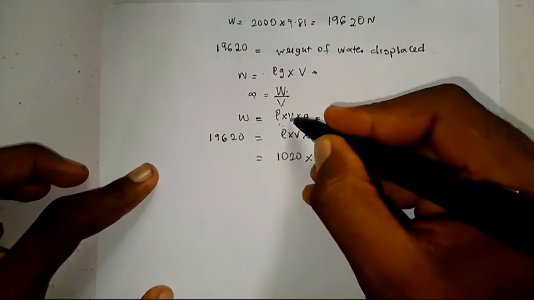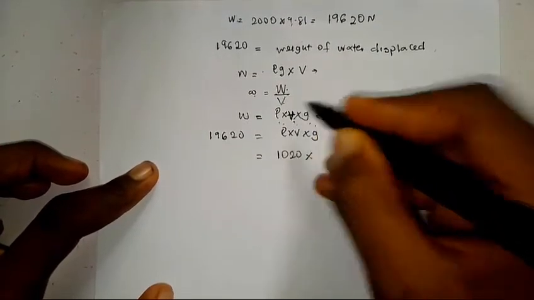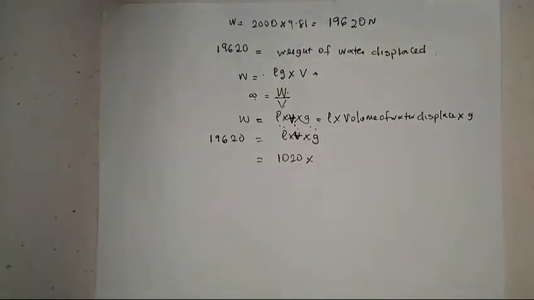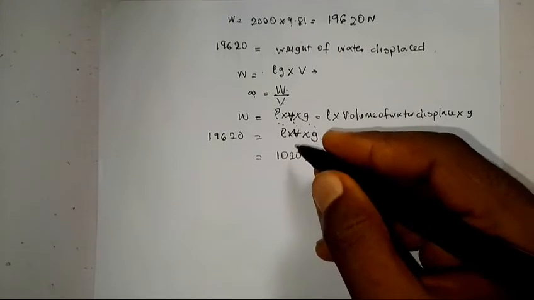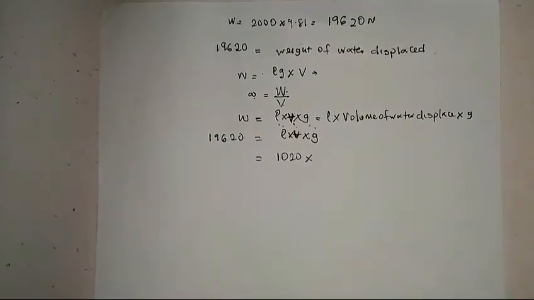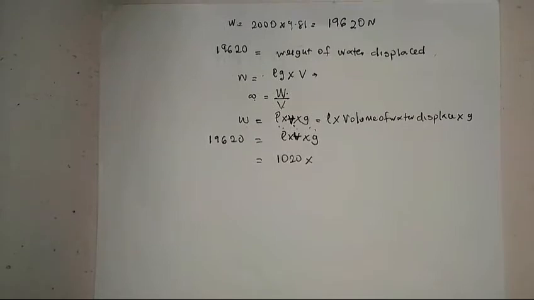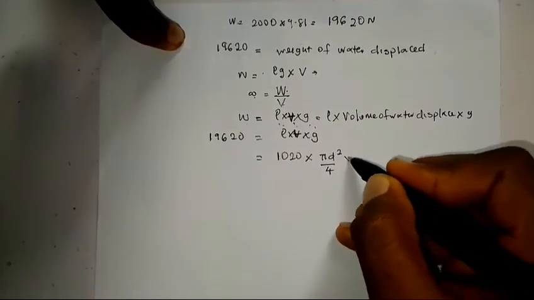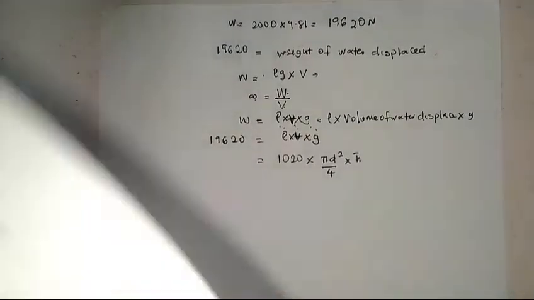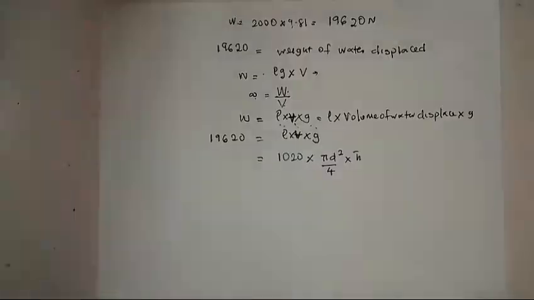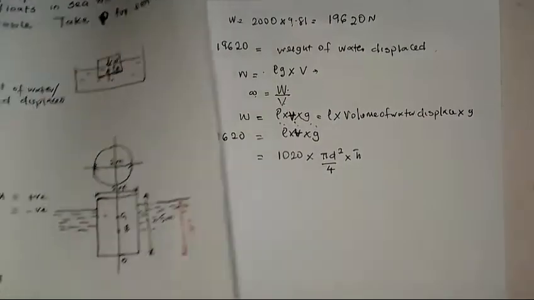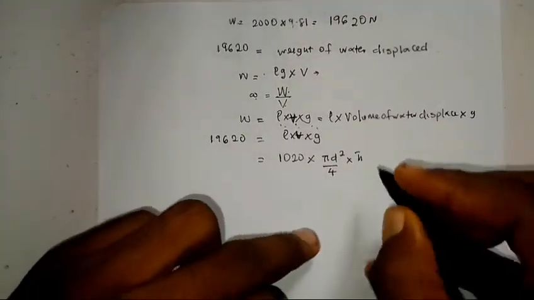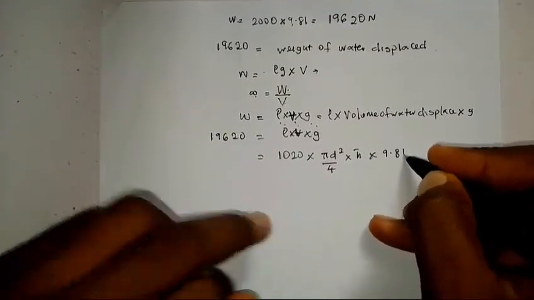Remember, we call the volume of water displaced V. Now my volume of water displaced is equal to the volume of my cylinder, which is pi d square divided by 4 times my h bar. So the volume of water displaced is pi d square divided by 4 times h bar, times my constant 9.81.